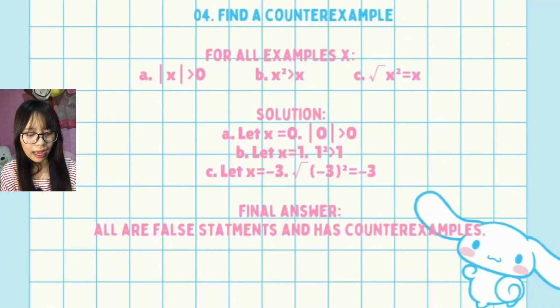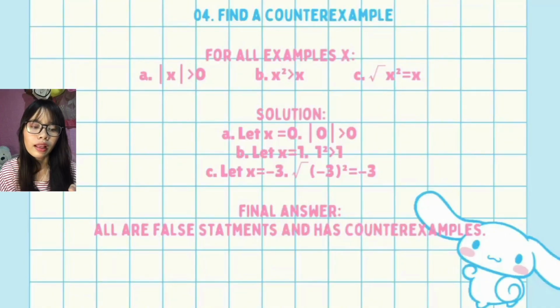Let's find a counterexample. So verify that each of the following statements is a false statement by finding a counterexample. Sa letter A, let x be equal to 0. So magiging 0 greater than 0. Pero 0 is not greater than 0 naman. So we have found a counterexample.